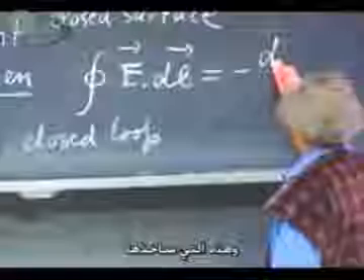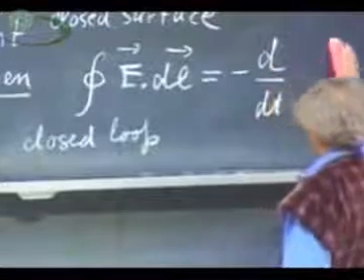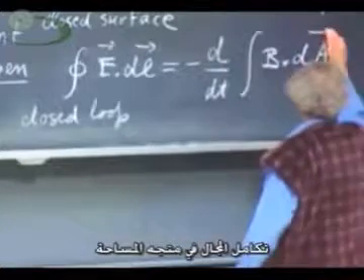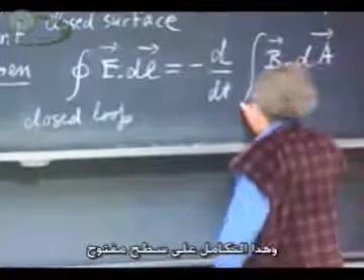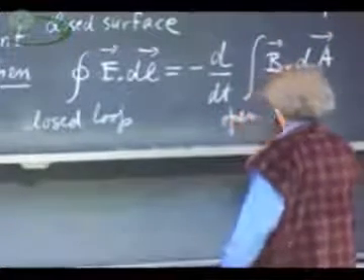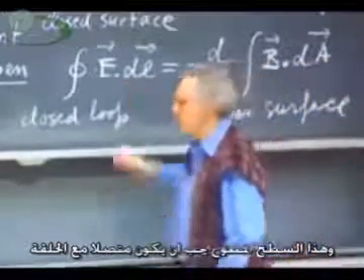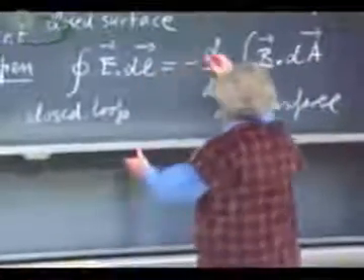That's the one I will take. Integral of B dot dA, and this is over an open surface. And that open surface has to be attached to this loop. And that is Faraday.